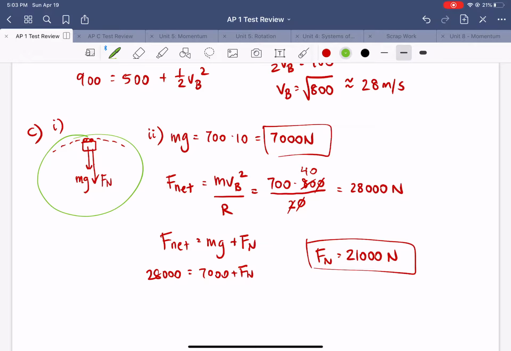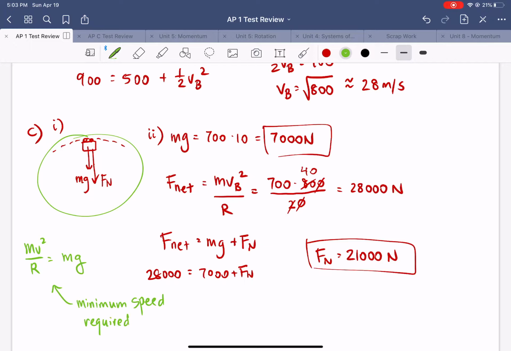So if we want to find that point where the cart is just about ready to fall off the track, then what we would do is set the normal force equal to 0, and then that leaves us with an equation that says the net force, mv squared over r, would be equal to just the gravitational force. So if we solve this, this tells us the minimum speed required to make it through the loop.